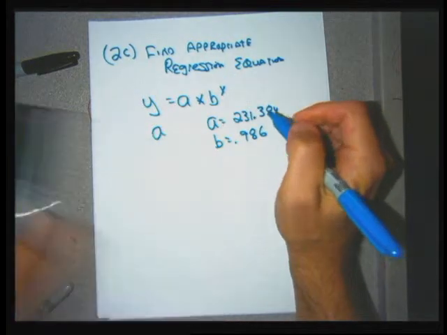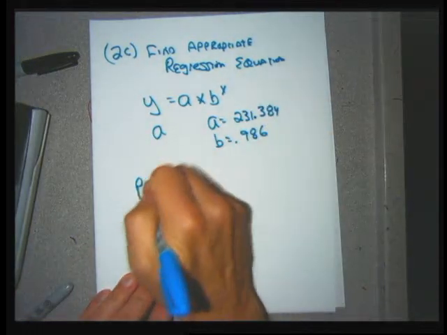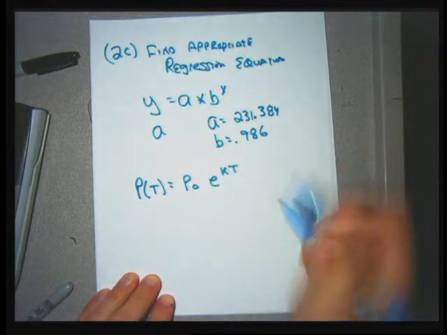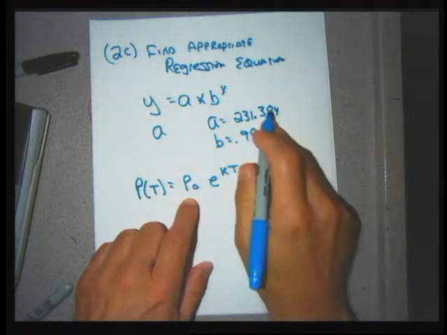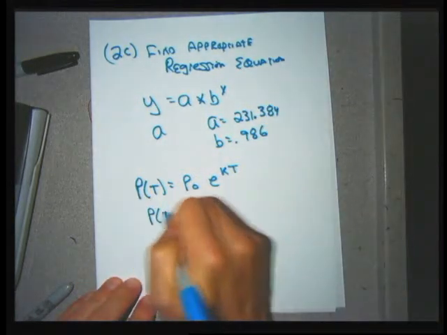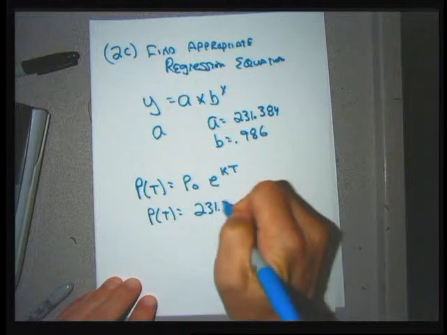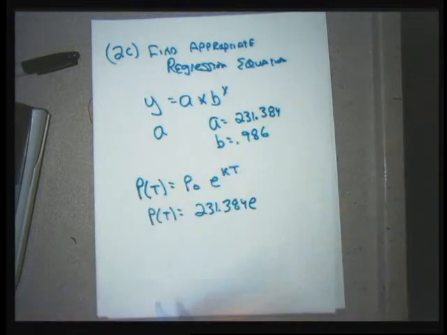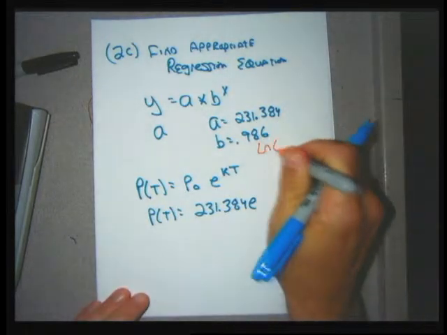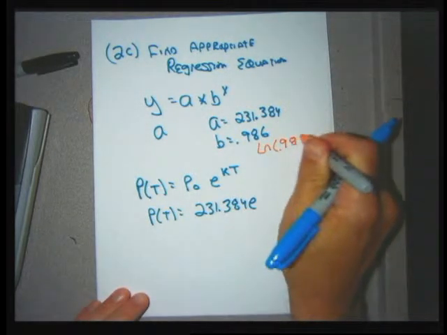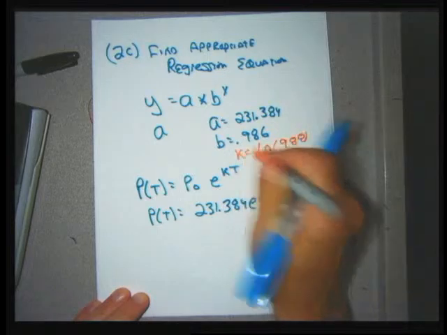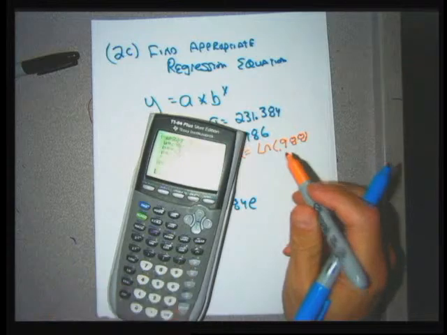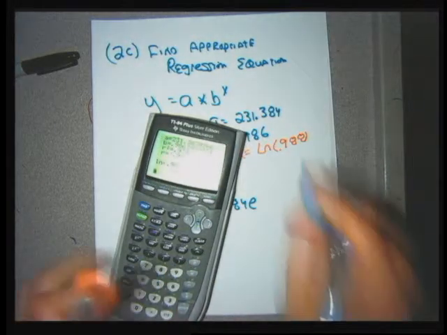My desired equation is of the form P of t equals P sub 0 times e to the kt. P sub 0 is just going to be the a, so my desired equation is going to be 231.384 times e, and the k is going to be the natural log of b. So the k is going to be the natural log of 0.986, which apparently is negative 0.014.